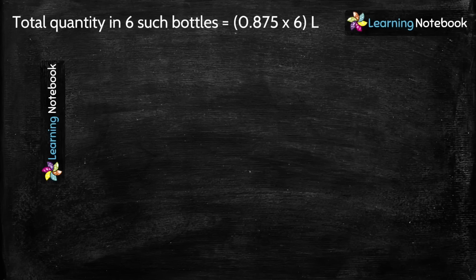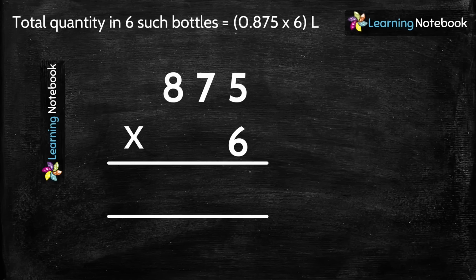We will multiply these numbers just like whole numbers. So 6 into 5 equal to 30. Carry 3 and write 0 in the answer. Next, 6 multiplied by 7 equal to 42 and 42 plus carry 3 equal to 45.